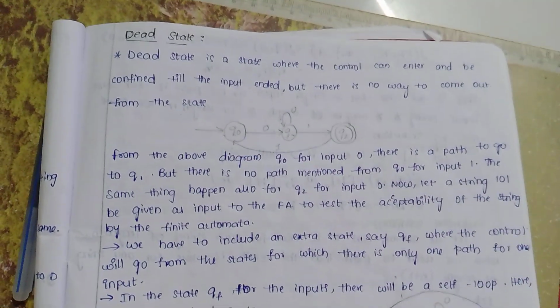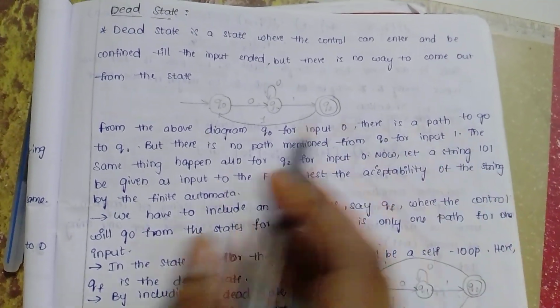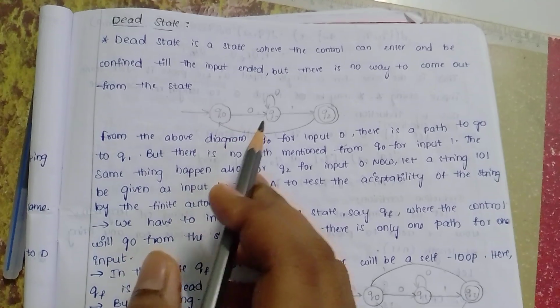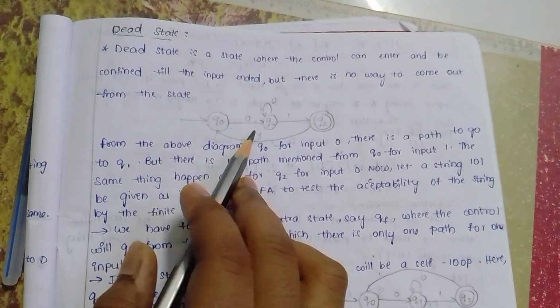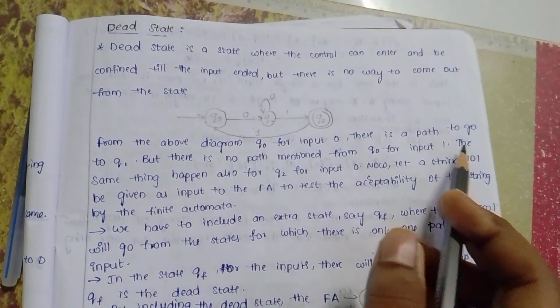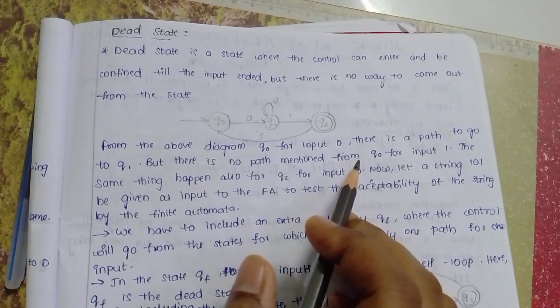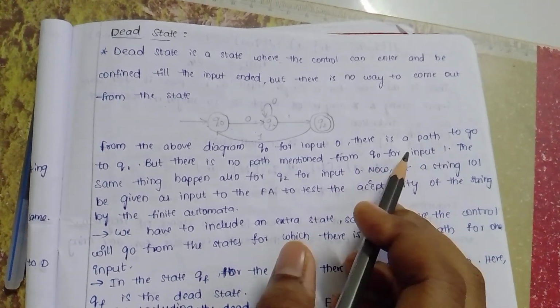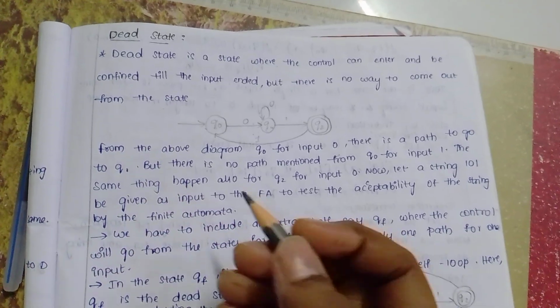From the above diagram, Q0 for input 0 has a path to Q1, but there is no path mentioned from Q0 for input 1.